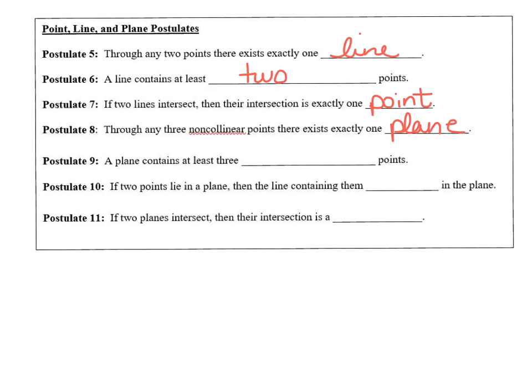Postulate 9, a plane contains at least 3 non-collinear points. So this is very similar to postulate 8. Postulate 10, if 2 points lie in a plane, then the line containing them lies in the plane. And postulate 11, if 2 planes intersect, then their intersection is a line.